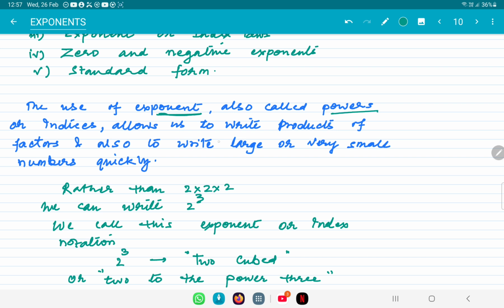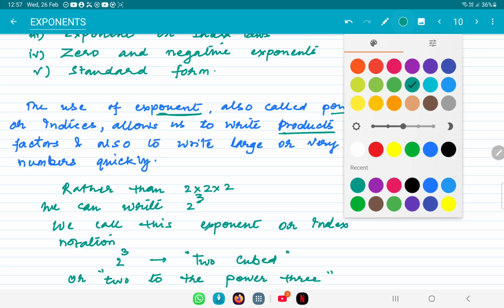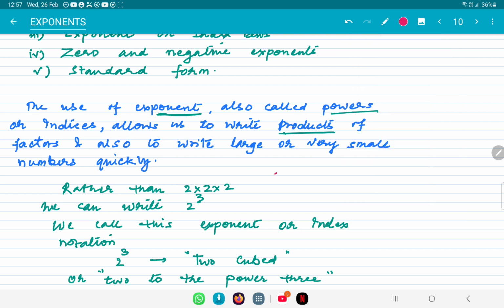It allows us to write products of factors. Product means, suppose we take this sum, 2 into 2 into 2, so 2 multiplied by 2 multiplied by 2. Instead of writing 2 three times, we can easily write 2 raised to the power 3.